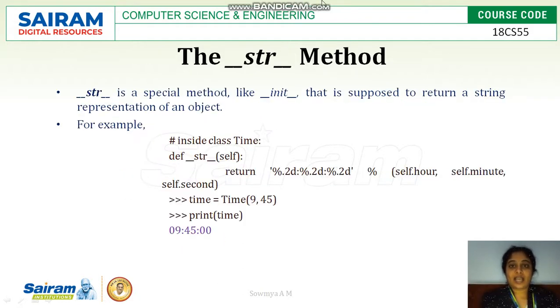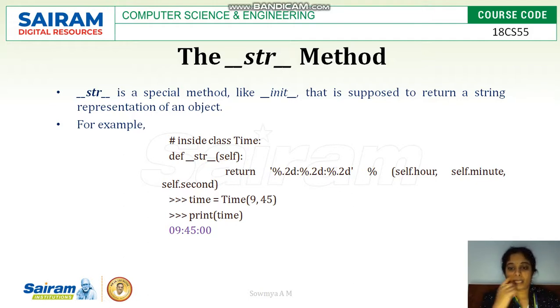Next one is the str method. The str method is also a special method like init, but instead of initializing, its function is to return the string representation of an object, like the object Time or objects of any class.